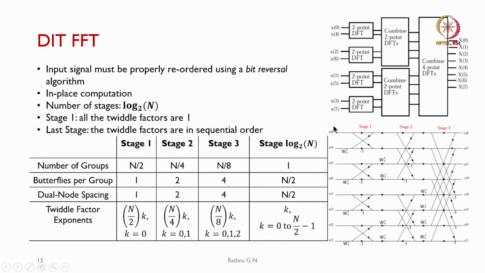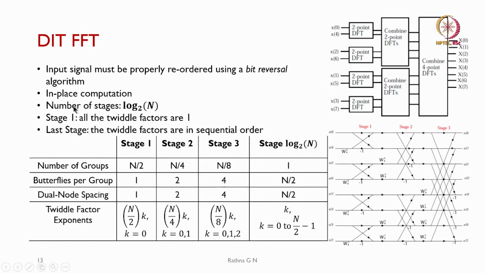That means these are the inputs, and I can overwrite these values with the new values, because I do not need these values in the later stages. That is why we call it in-place computation, so that I need not store my input more than 8 values.